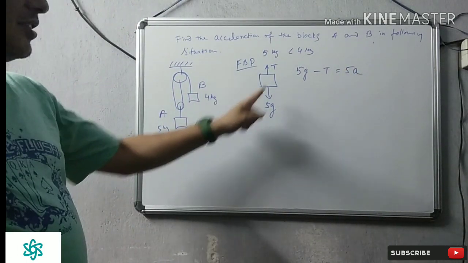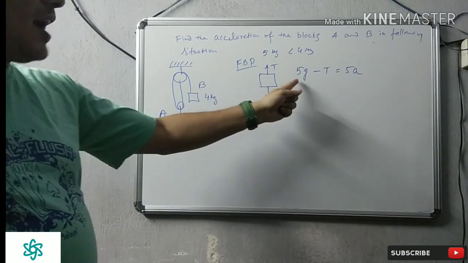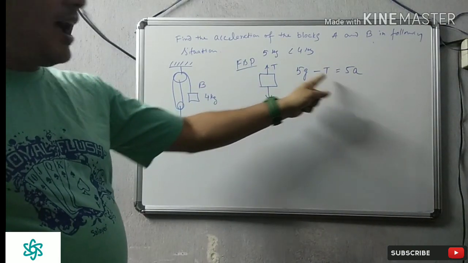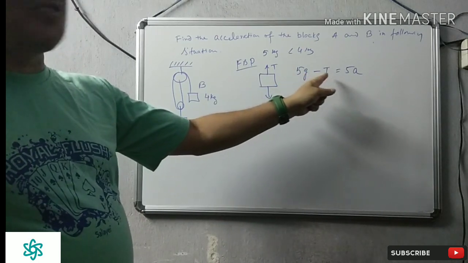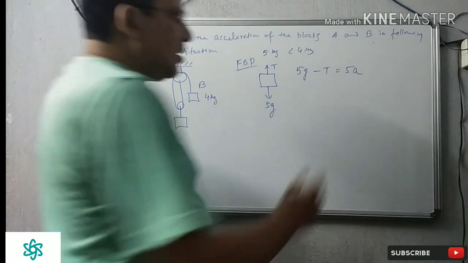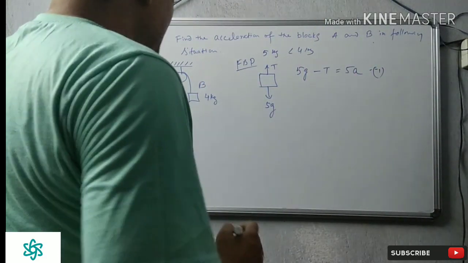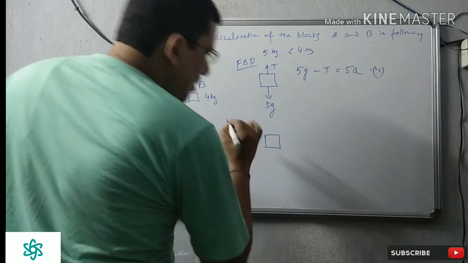The body moves downward, that's why 5g is greater than T, and the net force is ma, 5a. Number 1 equation.